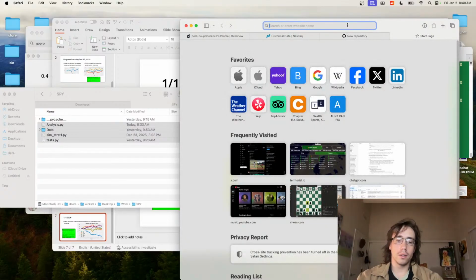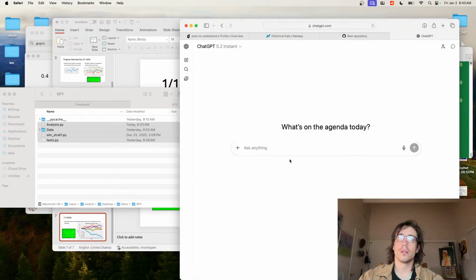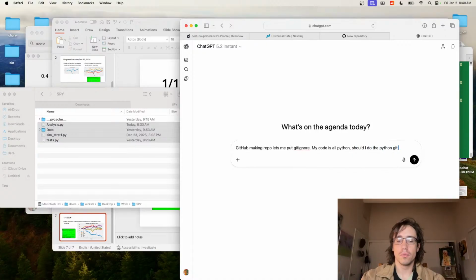All right, let's see. GitHub, making repo lets me put in a .gitignore. My code is all Python. Should I do the Python .gitignore?